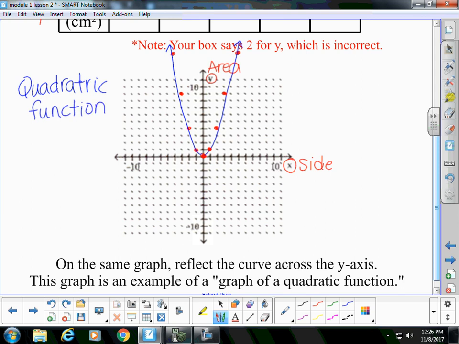They were the U shape. It's also called a parabola. That's the name of that U shape. And they can open up like this one does, or they can open down if they're flipped over.